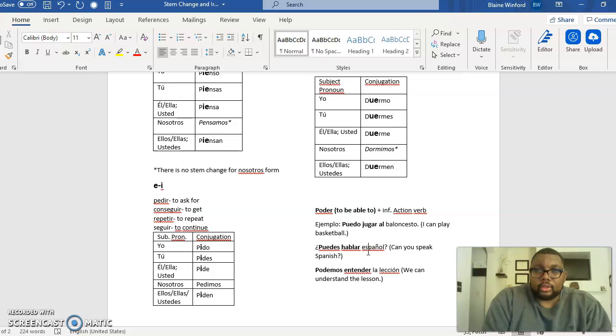Poder is the only thing that you're going to conjugate in this situation. Right. I'll give another example. ¿Puedes hablar español? Can you speak Spanish? Right. So that's a little bit about poder.